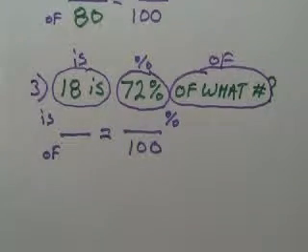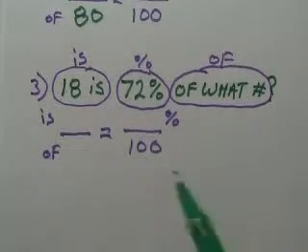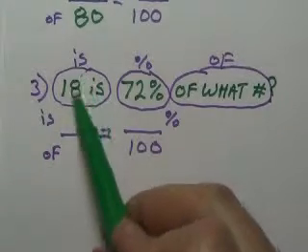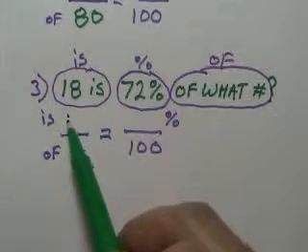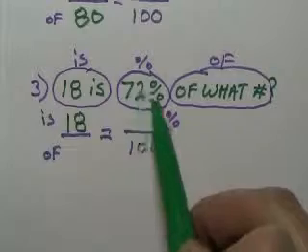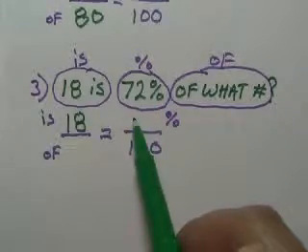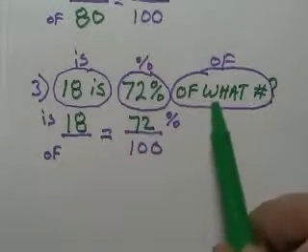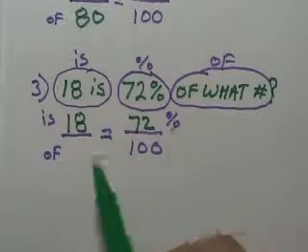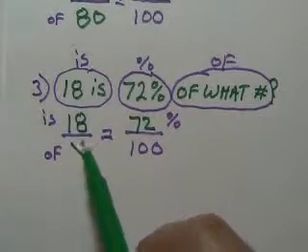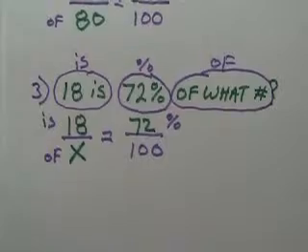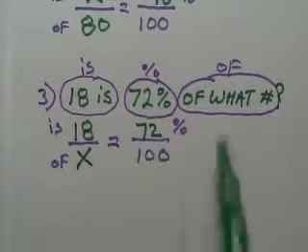So let's plug these numbers in. The is number is 18. That goes right here. The percent number is 72. That goes right on top. The of number, I don't know what that is. That's the one that goes down the bottom. That's the one that's missing. Okay, so now we just set up our third problem.